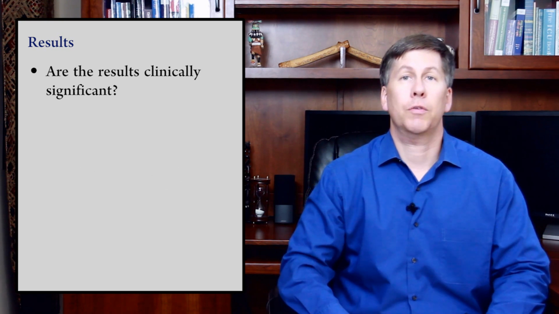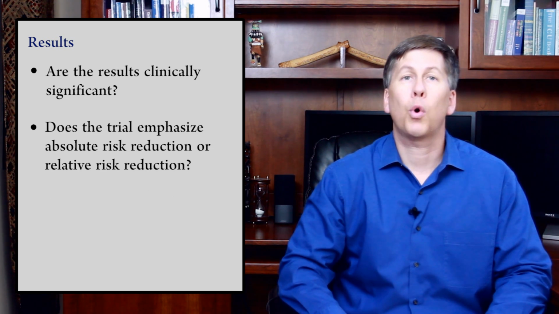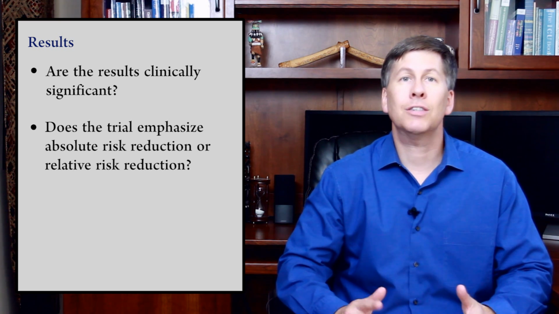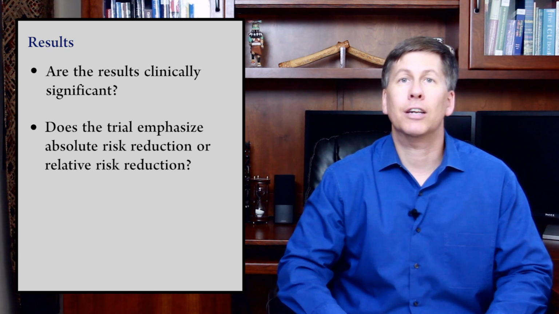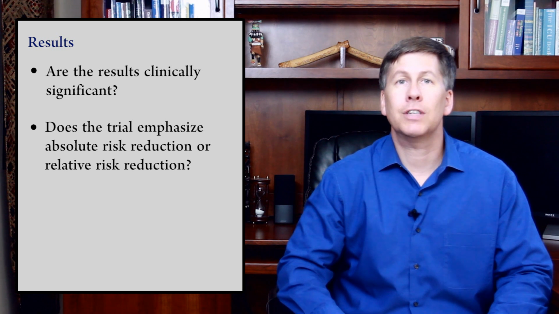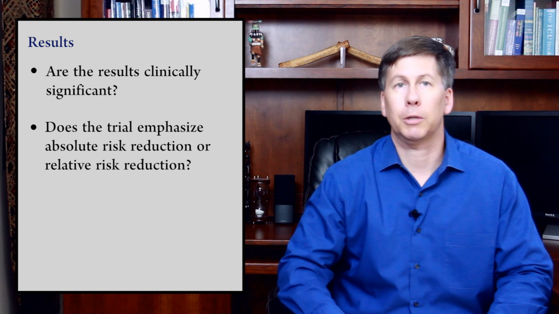The second question in the results: does the trial emphasize absolute risk reduction or relative risk reduction? Absolute risk reduction is the difference in the probability of an adverse outcome between the control and the intervention arms. Relative risk reduction is the difference in the probability of outcomes in proportion to the original probability.